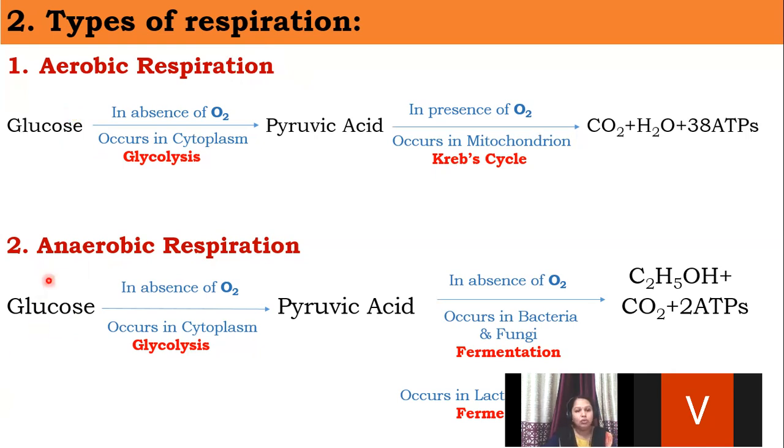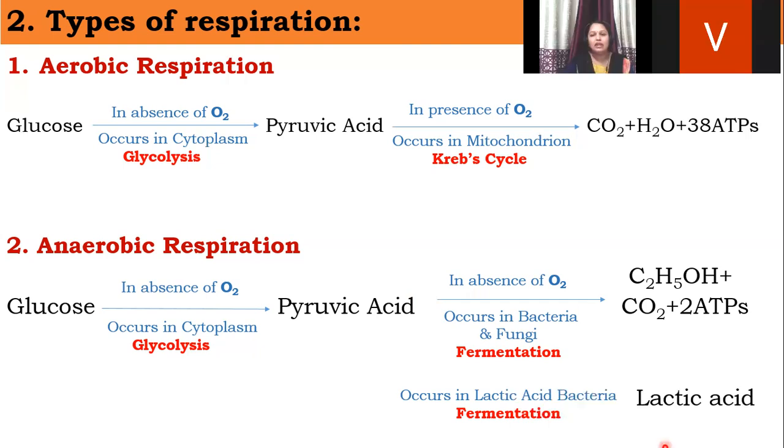Here also the glucose is converted into pyruvic acid in absence of O2. The reaction occurs in cytoplasm and the reaction is termed as glycolysis. Okay. Why it is then called as anaerobic respiration? Because the next reaction takes place in absence of O2. Okay. It is taking place in absence of O2.